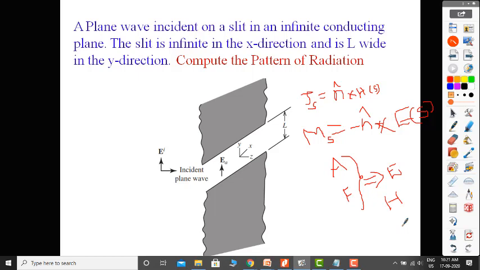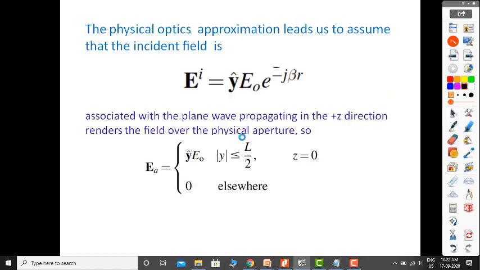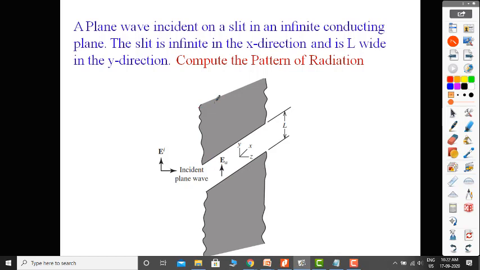In this video lecture, we are going to discuss the application of the equivalence theorem to compute the electric and magnetic field at far distance. For that, we have taken a slit in an infinite conducting plane, placed on the xy plane.